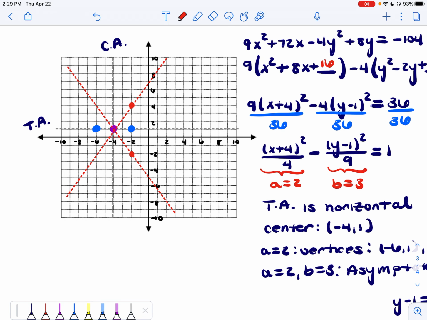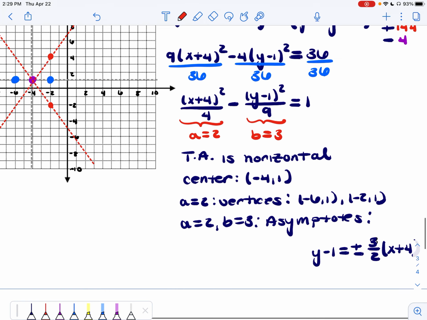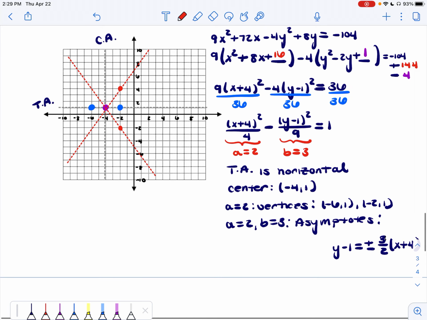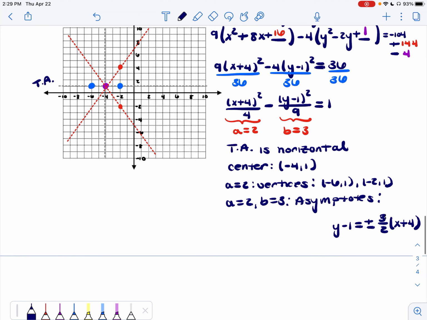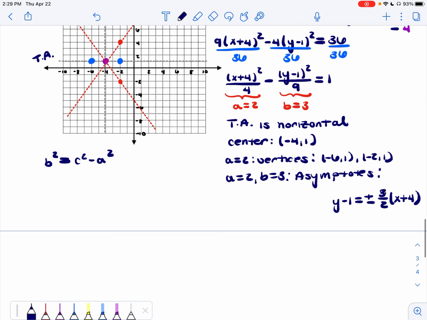Okay, so we're almost done. The only thing left are the foci, and for that we're going to need our c value. So we can again use b squared is equal to c squared minus a squared.